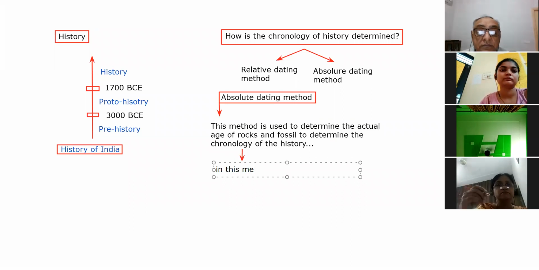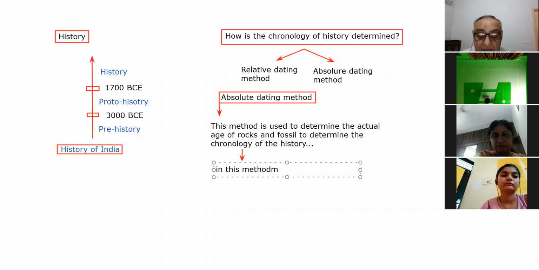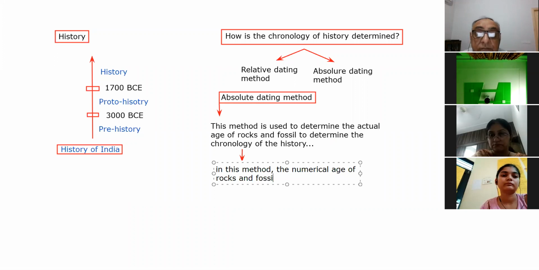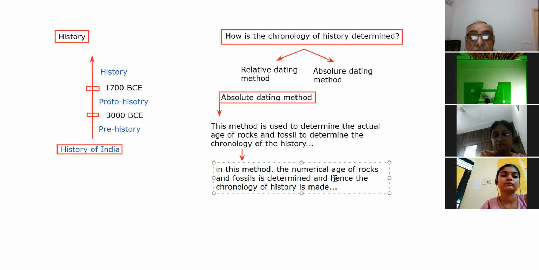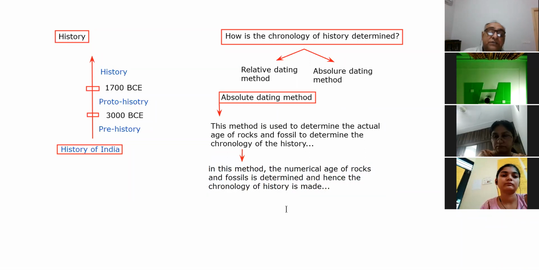In this method, we determine their numerical age, and hence the chronology of history is made. So in this way we make the chronology of history.